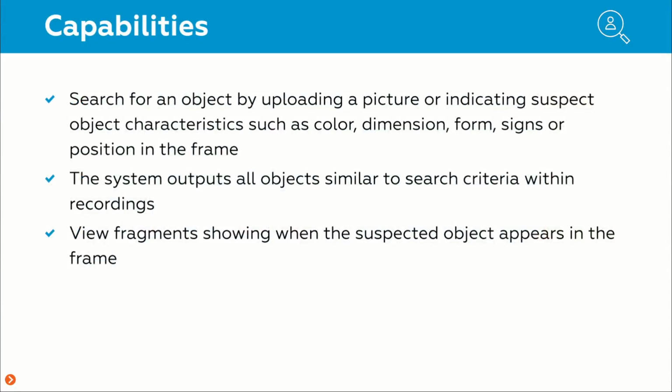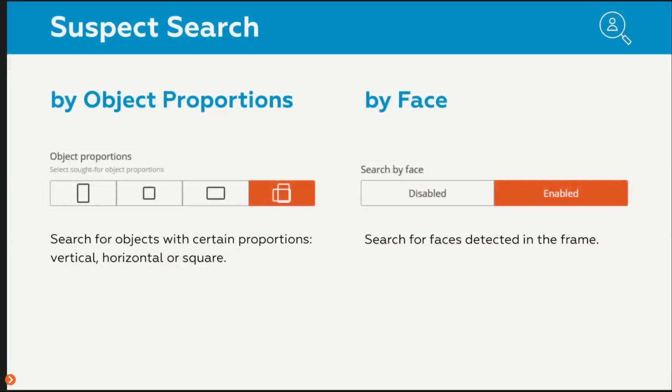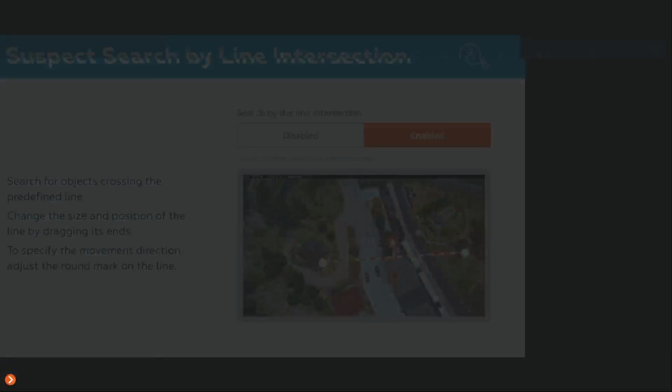What you can do with this module is search for any object by uploading the image of this object or by specifying its appearance. The system outputs criteria, as you have seen when we were choosing the pictures, and views the fragments. Region, sizes, I have shown you this.